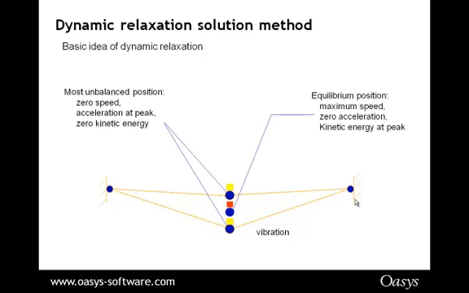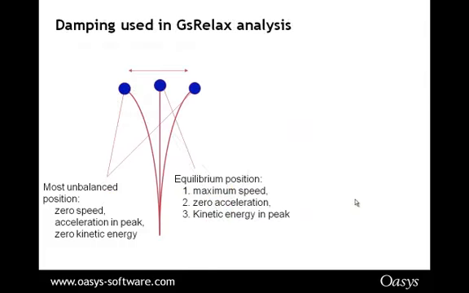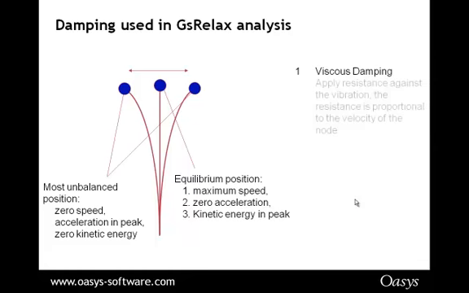What we're looking for is the equilibrium position, where, as it happens, the speed is at the maximum, but the acceleration is at 0, and also the kinetic energy is at the peak. And the kinetic energy is related to some of the damping, which I'll go into. Because it would just oscillate backwards and forwards, we need to apply damping. Now, GSA has two types of damping in there.